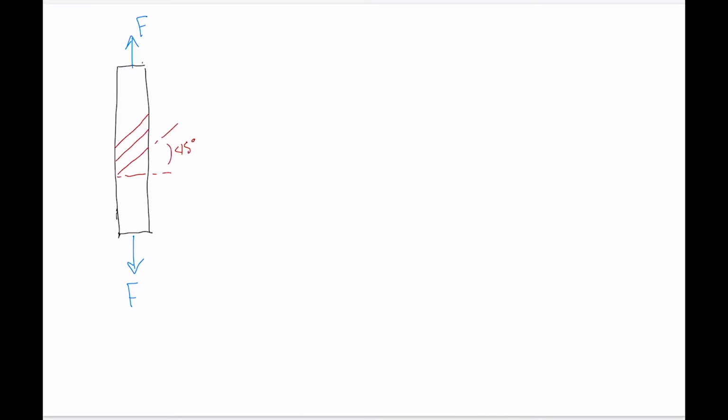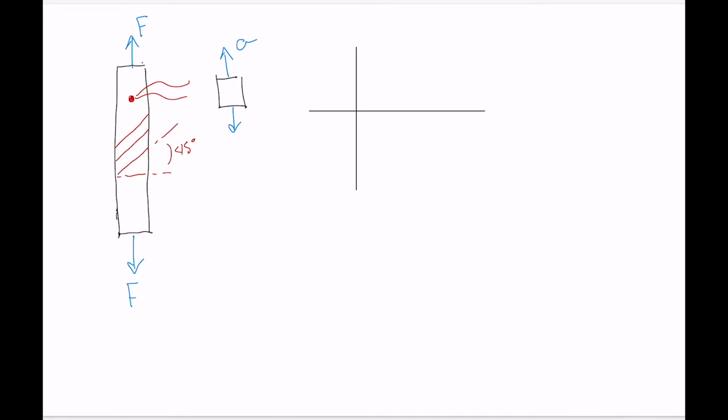If we look at any point within an object under a tensile load, so here's our little element, we know that it's just under a tensile stress sigma, and we can plot that stress on Mohr's circle. Let me get my straight lines going here. Okay, there we go.